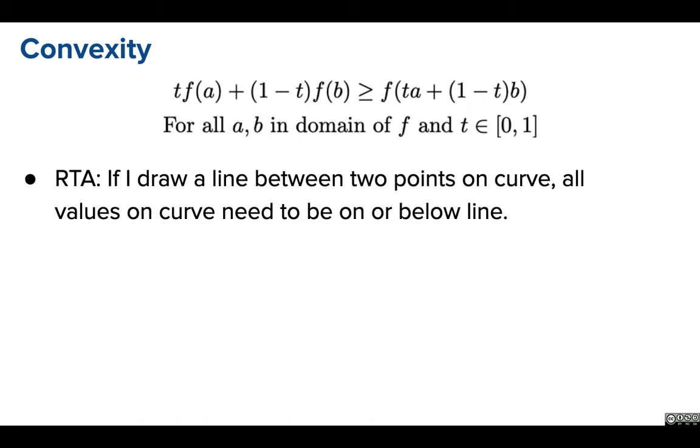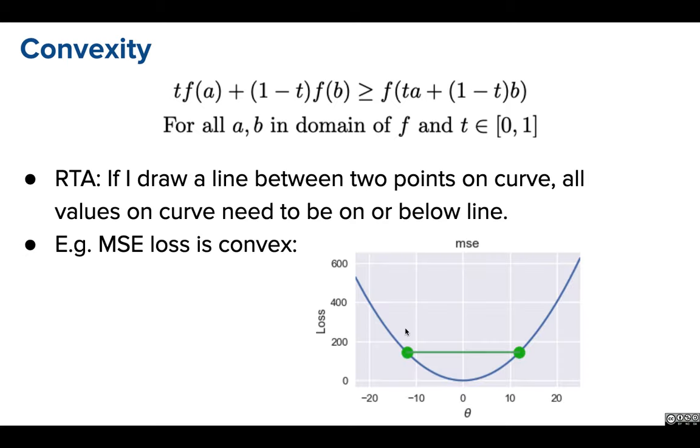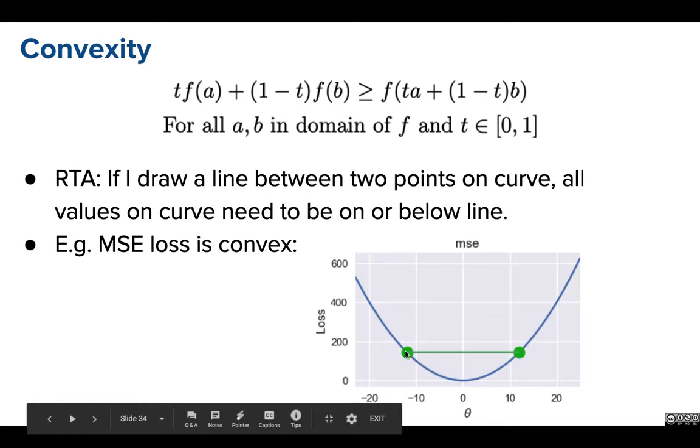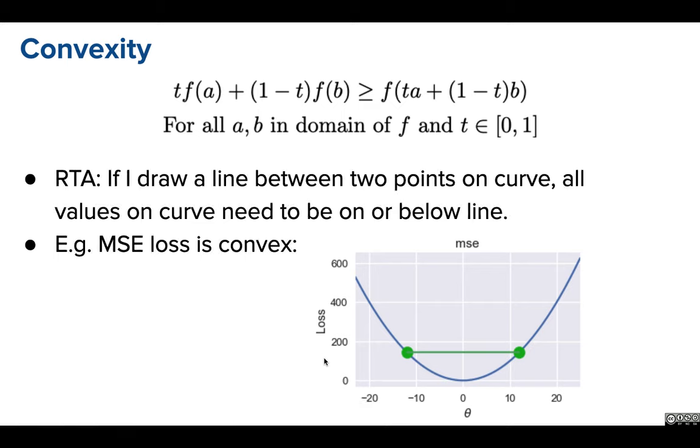In English, this means that if I draw a line between 2 points on a curve, all the values on the curve need to be on or below that line. Here's an MSE loss. I can draw a line between 2 points, and I notice that the line is always above the curve. That's essentially what it means to be convex.